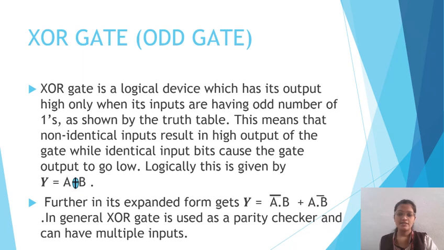This means non-identical inputs result in a high output of the gate, while identical input bits cause the gate output to go low. Logically, this is given as Y is equal to A XOR B. Further, in expanded form, Y is equal to A complement dot B plus A dot B complement. In general, the XOR gate is used as a parity checker and can have multiple inputs.